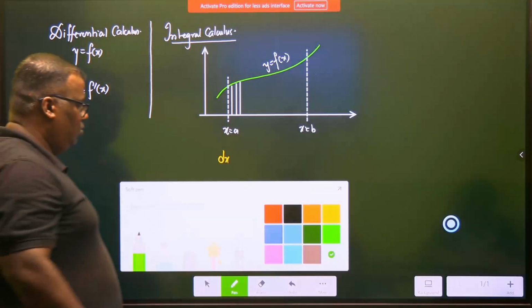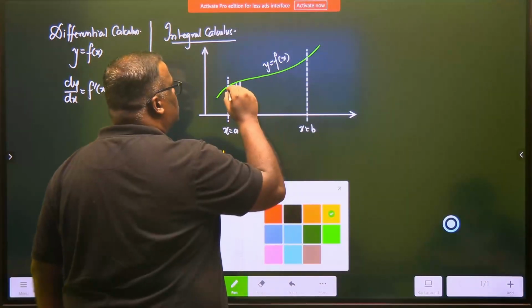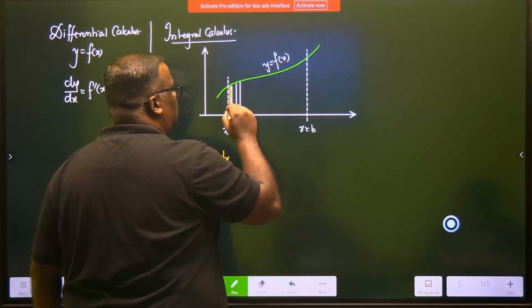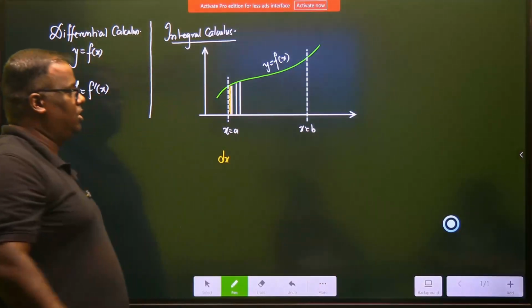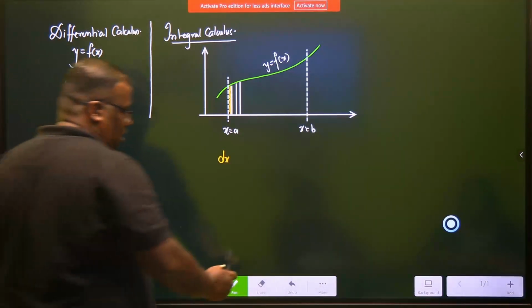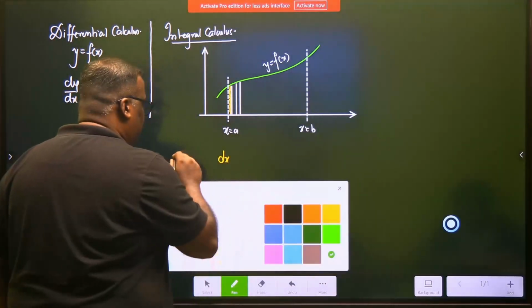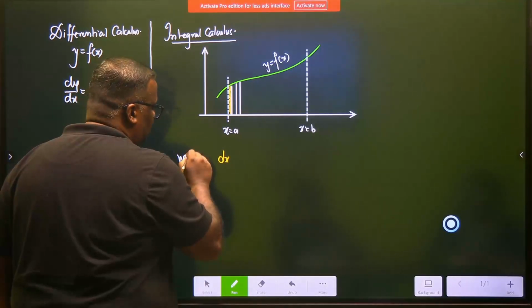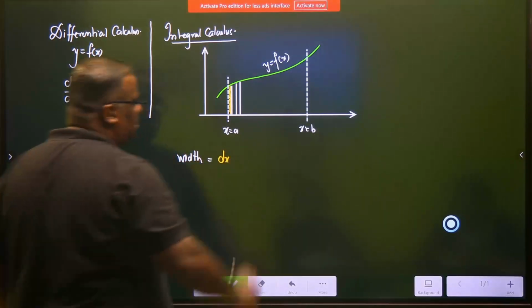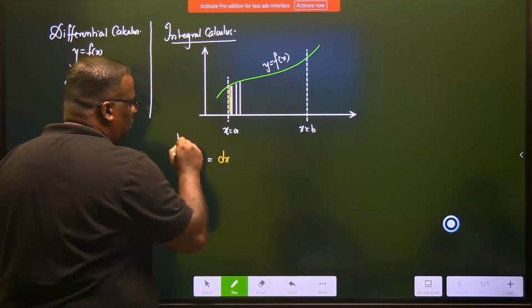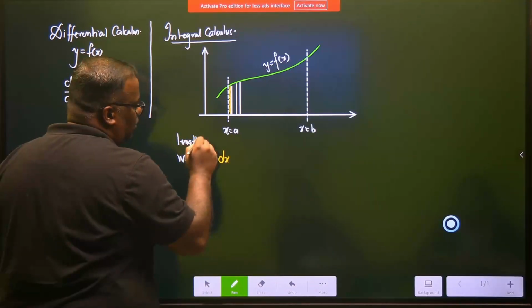And for the time being, say you are concentrating only on the first rectangle. These are very, very small partitions. So if I tell you, the width of this small rectangle is dx, and what is the length or the height?